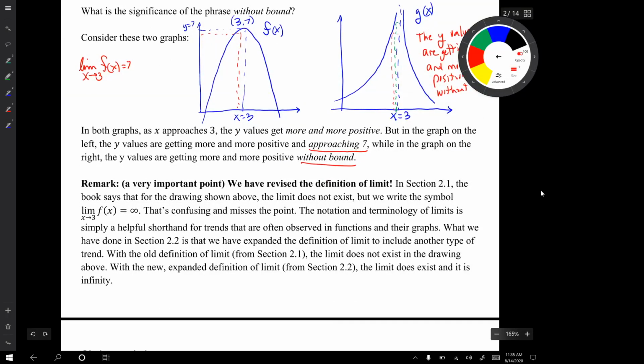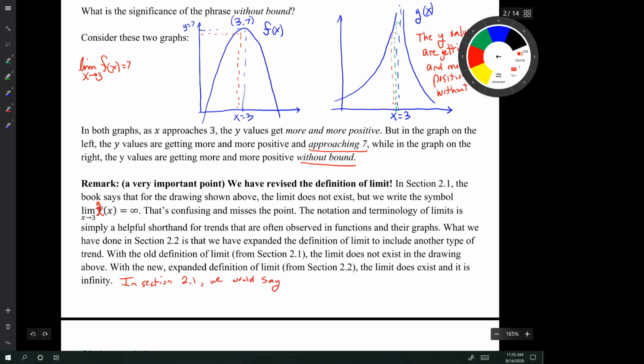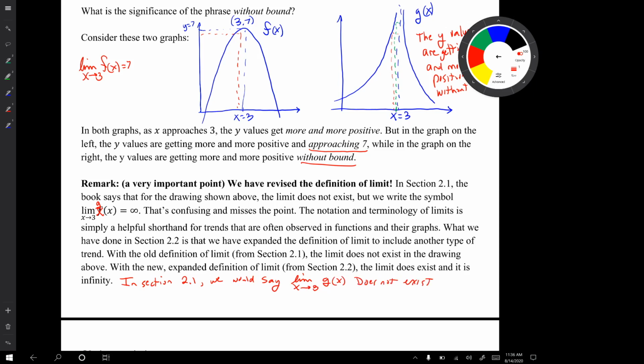Now, important thing to notice is that for the drawing above, there's a typo here. This should say g. So in section 2.1, we would say that the limit as x approaches 3 of g of x does not exist. But in section 2.2, we say the limit does exist, and it's infinity.